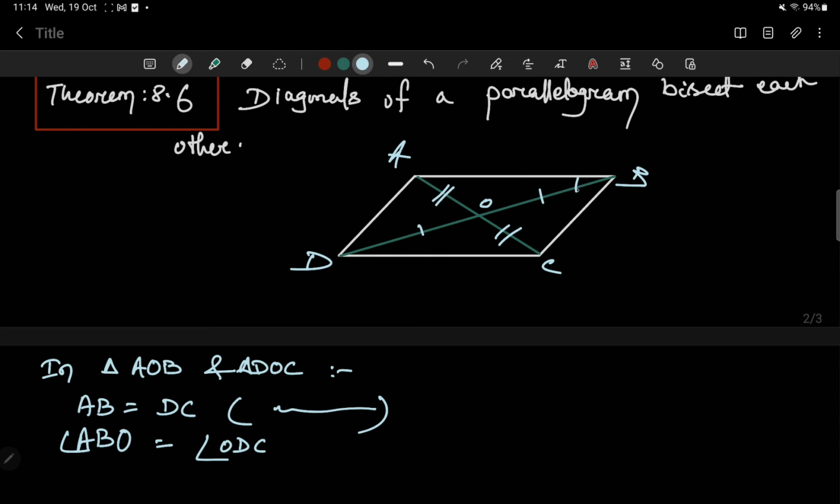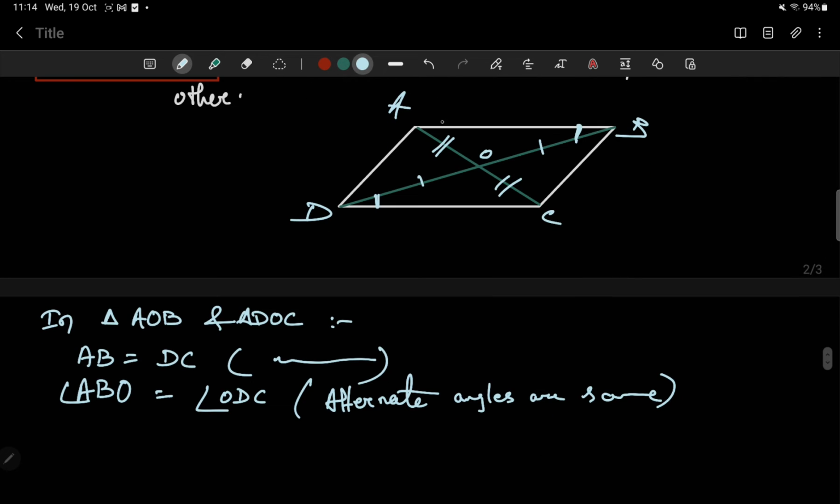Yes, angle ABO is equals to angle ODC. Why? Because in parallel lines, alternate angles are same. Similarly, this angle is equals to this angle.